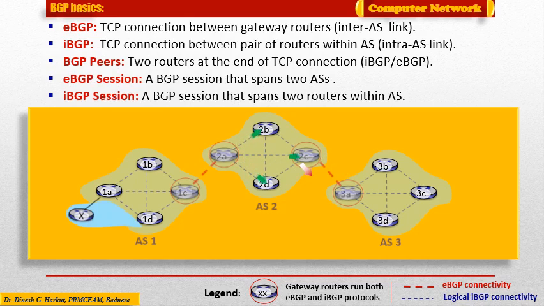That is, on receipt of the prefix reachability information through the eBGP session, this 2A gateway router then broadcasts the same information to all the routers within the AS over iBGP sessions. Means the information which was received over eBGP will then be distributed to all the routers within the AS over iBGP.